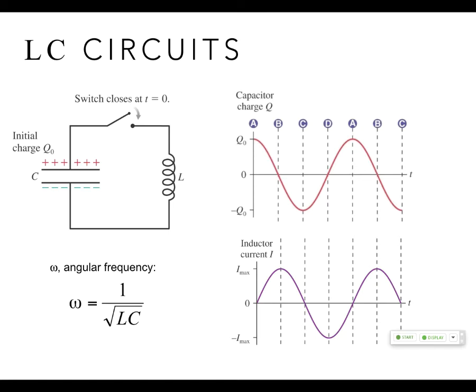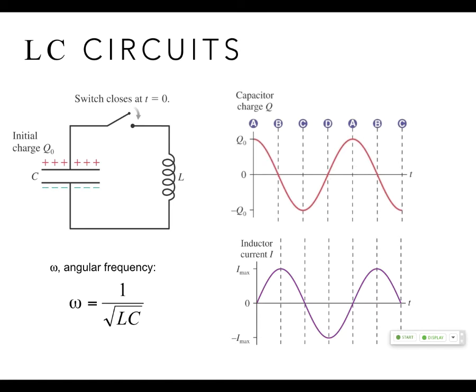Q over C. Remember, C equals Q over V, so you multiply. Okay, so yeah, it's Q over C. And we also said delta V for an inductor. What's that going to be? L dI/dt.